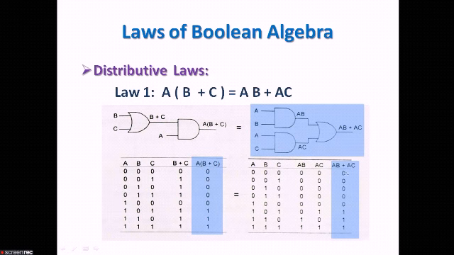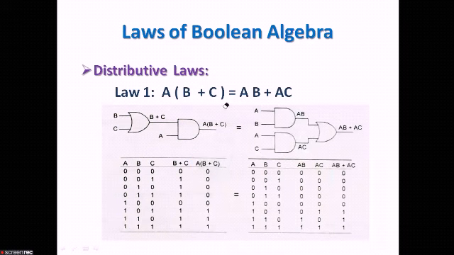Similarly, here also it is 0, 0, 0, 0, 0, 1, 1 and 1. So, what we can say is that this law is proved. That is A into B plus C is equal to A dot B plus A dot C. So, this one is proved.